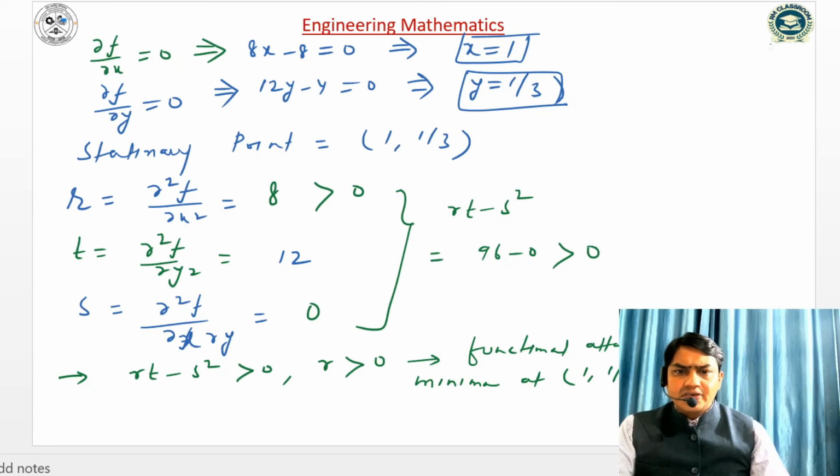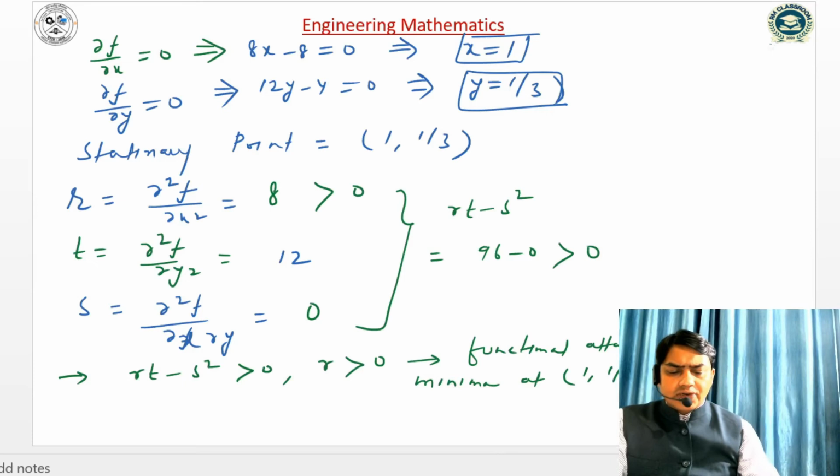The function attains minimum value there because the condition is RT minus S square greater than 0 and R greater than 0. If RT minus S square is greater than 0 and the value of R is less than 0, then the function attains maxima value at the stationary point.